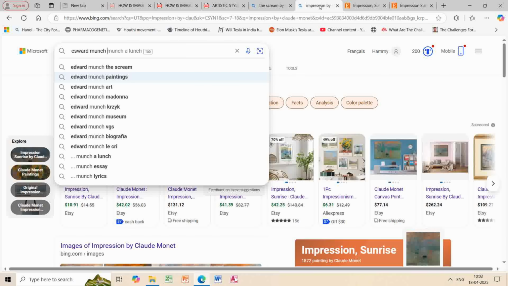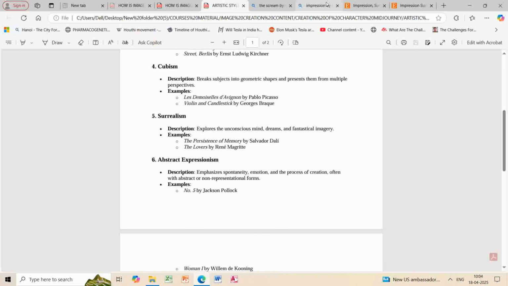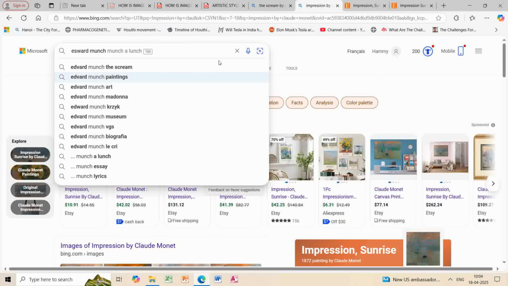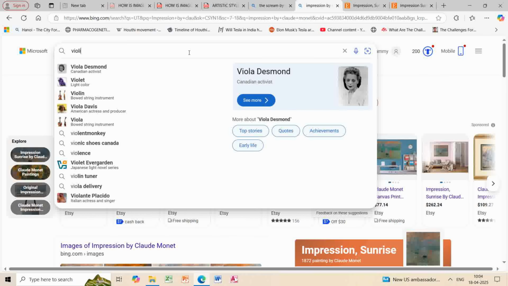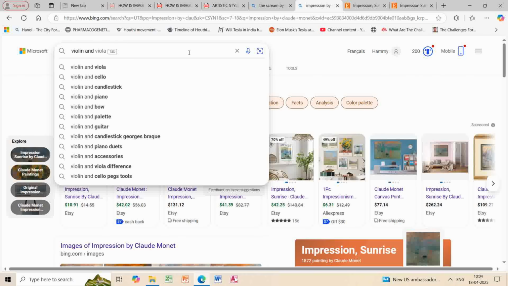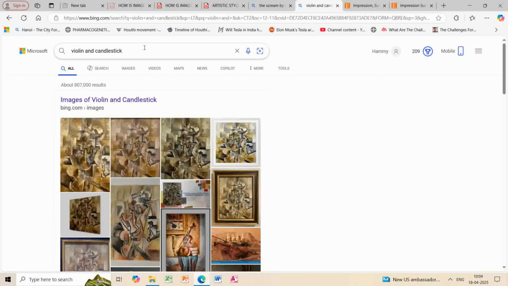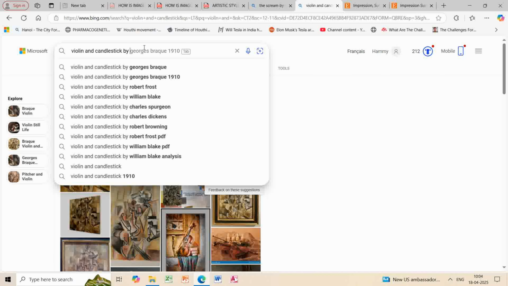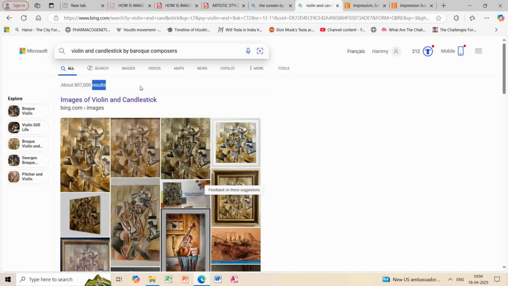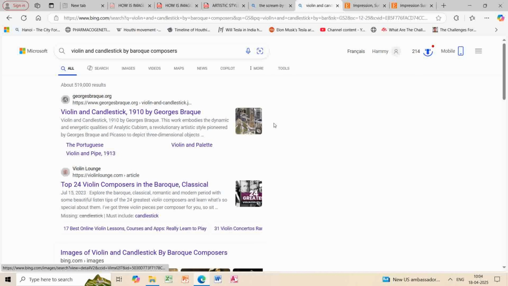So we'll go here and search Violin and Candlestick by Braque, and go to the images.